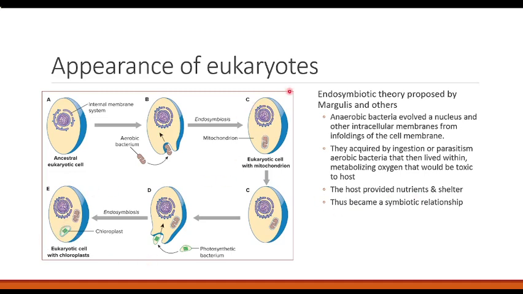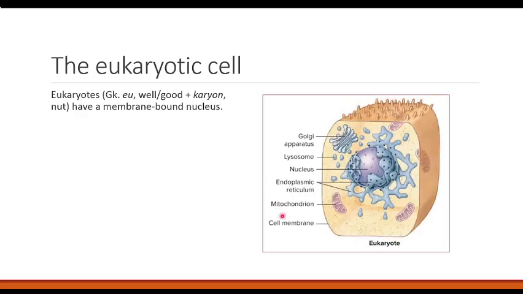So basically what happened is that a mitochondrion and chloroplast were ingested by a bacterium that lacked both. Then they started to live together in an endosymbiotic, or mutually beneficial, relationship, and that's the most prevalent theory about the appearance of the eukaryotic cell.